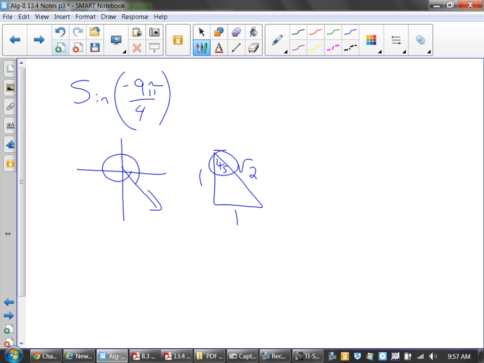Sine of 45 is 1 over root 2, otherwise known as root 2 over 2. But in the fourth quadrant, what is it? Negative. Okay.